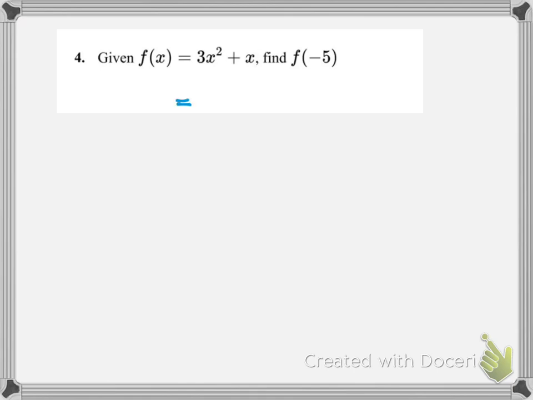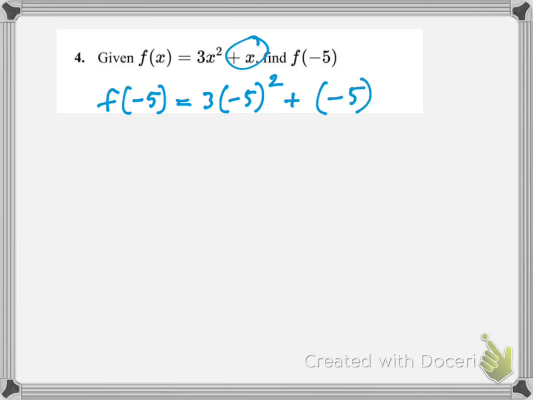Again, we have a negative number that we've got to plug in. So I've got f of negative 5, 3 times negative 5 squared. Now it says plus x. So when I simplify this, 3 times negative 5 squared is positive 75.